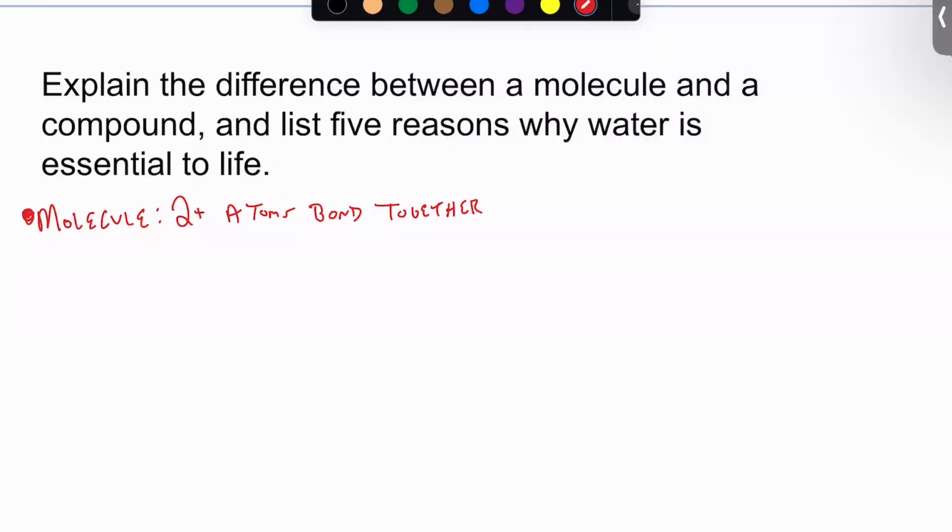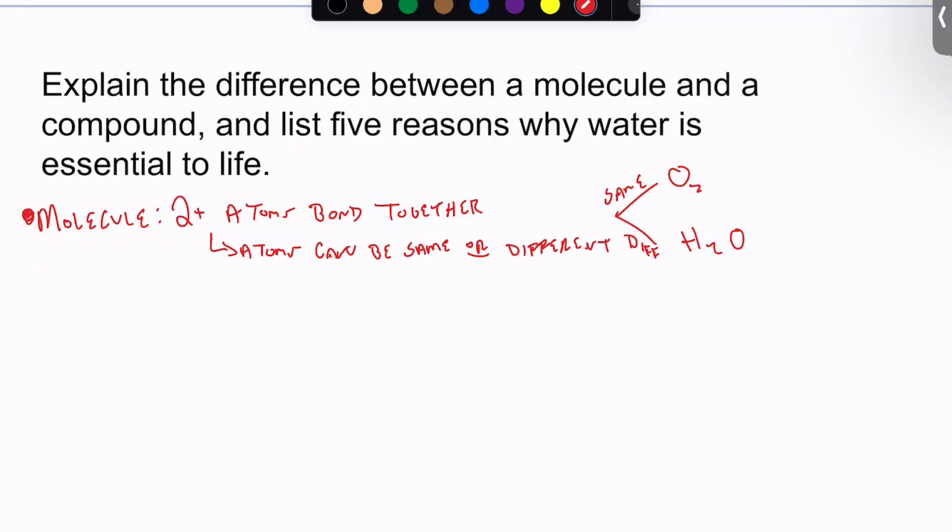A big thing here is that the atoms can be the same or they can be different. So an example of same would be oxygen, or O2. And then an example of different would be water, so H2O.